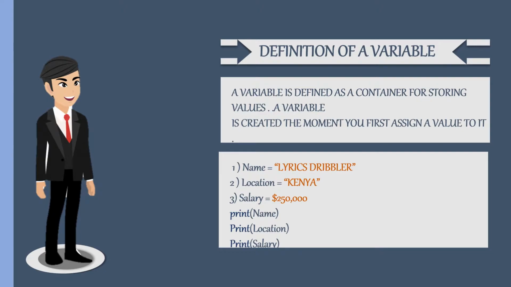In example 3 we shall use an integer value to assign a value to a variable salary as shown. To print the respective values on the screen we shall call the built-in print method in Python and pass in variable arguments such as name, location, and salary. Remember that in Python syntax we do not use a semicolon to end a Python command, rather each Python command is written in a new line as shown in the examples.